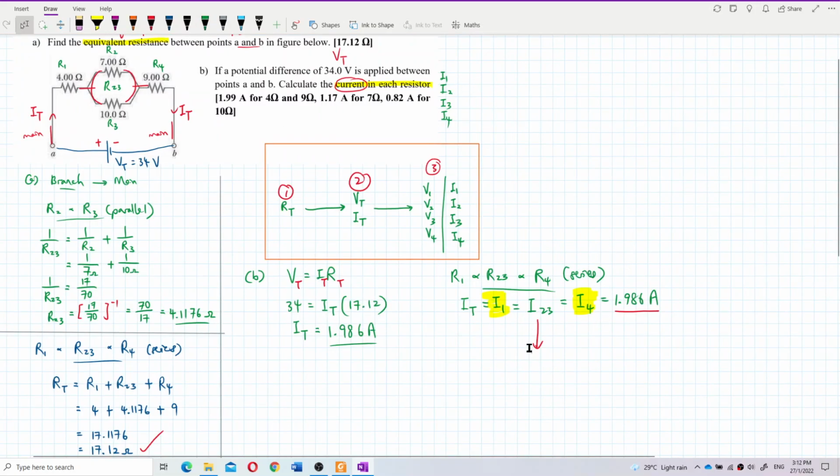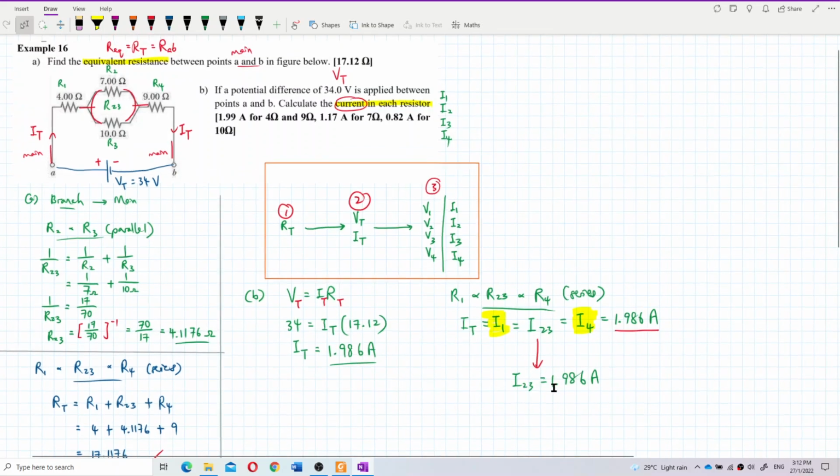I23 is also 1.986. I will need this to find I2 and I3. Why do I use I23? Because it has the closest relationship with I2 and I3. Understand? Okay, so that's why I use I23.